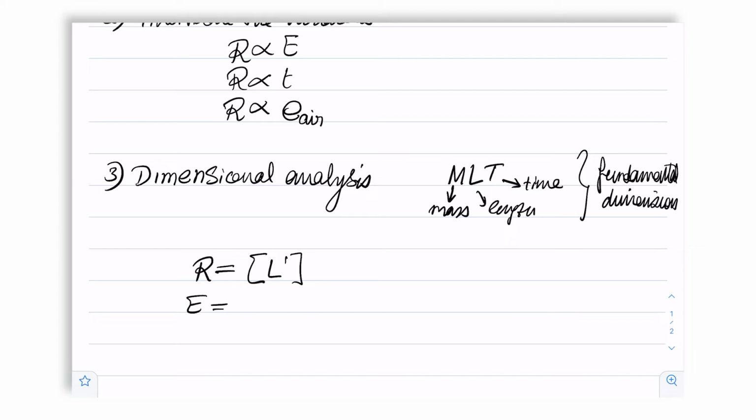Energy is force into displacement, which is mass into acceleration into displacement, which means M^1. Acceleration is length per unit squared time, and distance is length. So you have L to the power 2 and T to the power minus 2. Density, it's mass per unit volume. So M^1, L^-3, T^0.